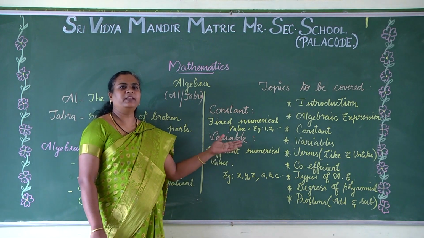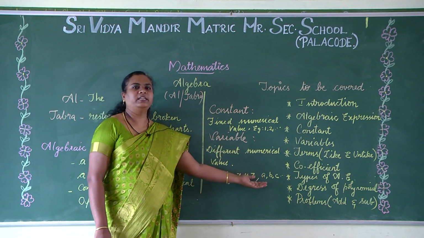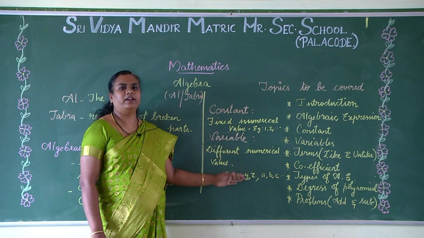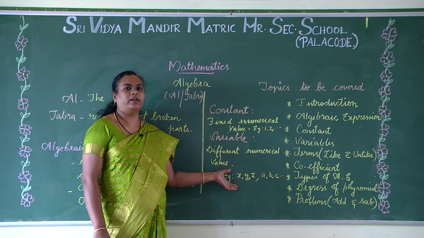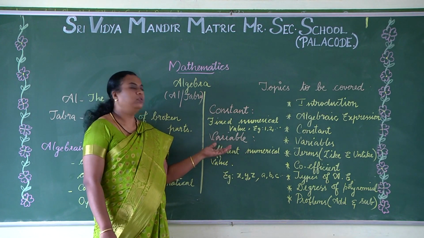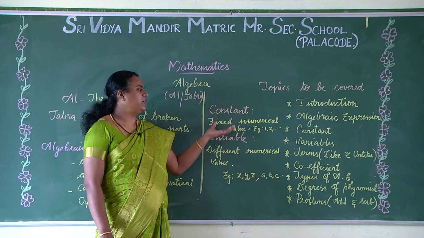It is denoted by alphabetical letters, X, Y, Z, A, B, C, D, etc. The value of a variable is different. In one sum, the X value is 1. In another sum, it may be 1000, lakh, etc. So the variable value is different, while the constant value is fixed.